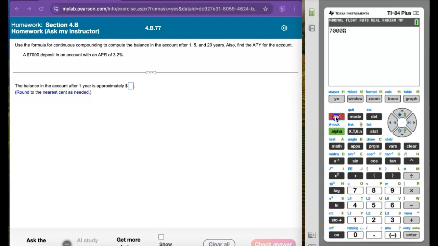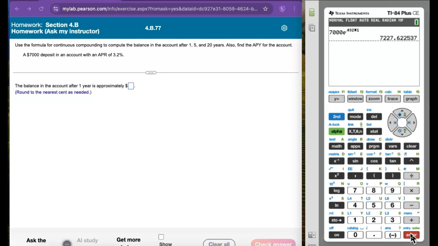We get to that by doing second ln. See, that gets us E, and our exponent's sitting there waiting for us. 0.032 times 1. And so our first answer is $7,227.62.